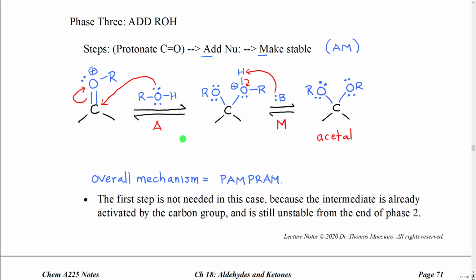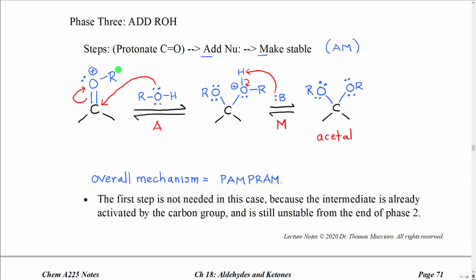We're now going to add our second alcohol. In order to do that, we would normally protonate the carbonyl oxygen to give it a positive formal charge. We would then add and make stable. In this case, we can skip the protonate step, because if we look at our intermediate, it essentially has a carbon in place of where the hydrogen would go if we were to protonate.